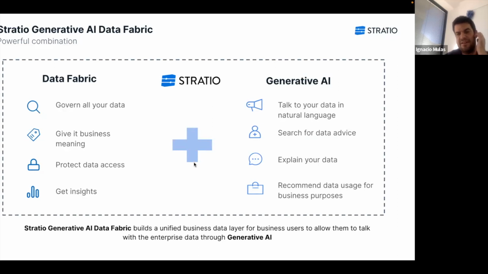Plus, we combine this with the generative AI engines, which allows us to use all this knowledge to talk to your data, even search for data advice, explainability, or recommendations at different levels. It can use our data, but also mix general knowledge with the data that you have inside your company.